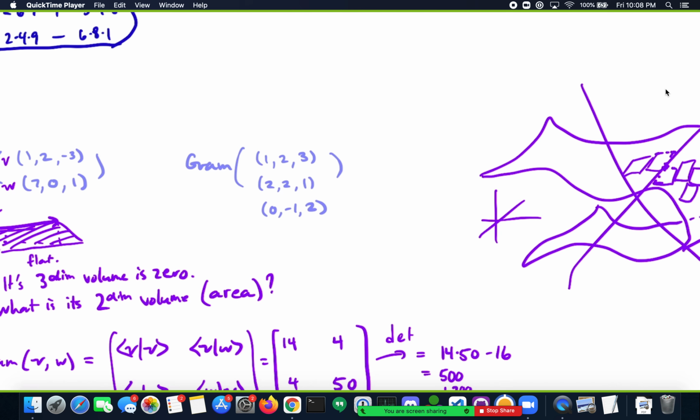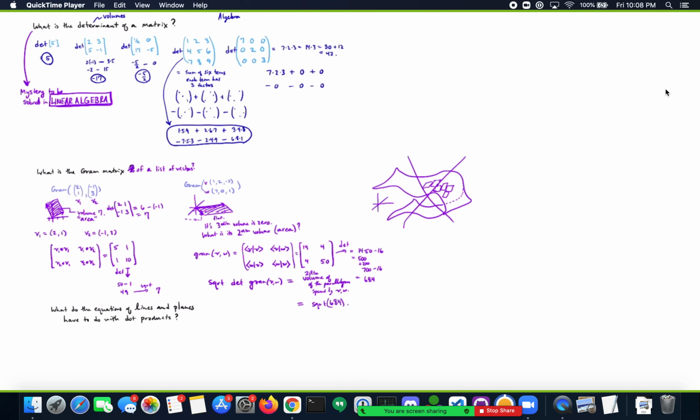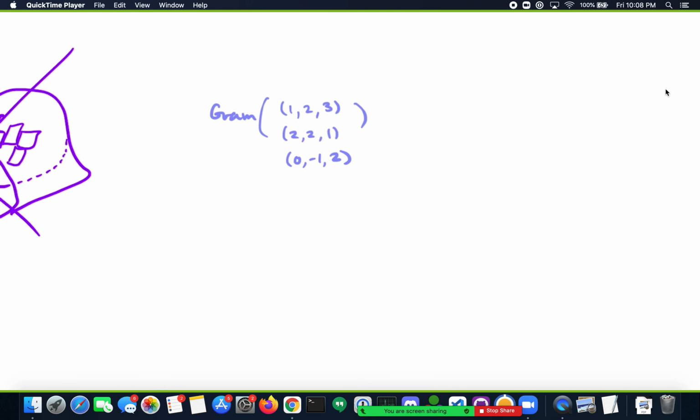Let's just take the Gram matrix of here for practice. So I'll grab this, move it over here. What's the Gram matrix of this? So let's call this V1, V2, and V3, these vectors. So what is the Gram matrix?